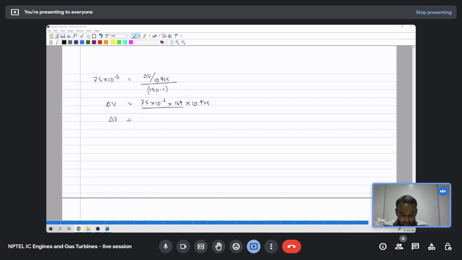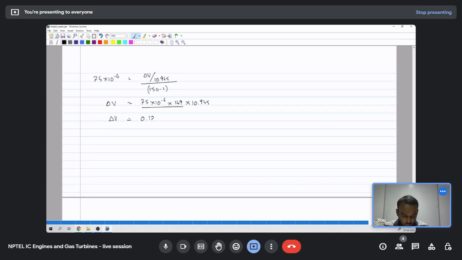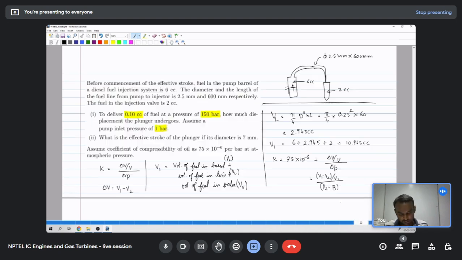The answer is 0.1223 cc. So that means the plunger displacement has to be 0.1223 cc for this volume of fuel, with the initial volume of 10.9 cc, to compress from 1 bar to 150 bar. Now after compressing this, it has to further displace for delivering this 0.1 cc of fuel.